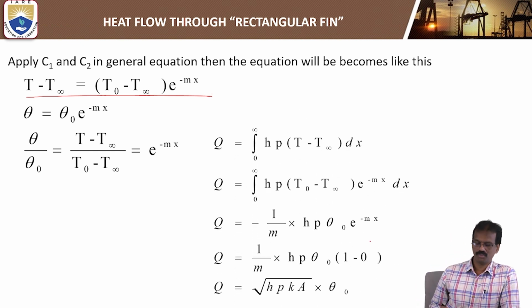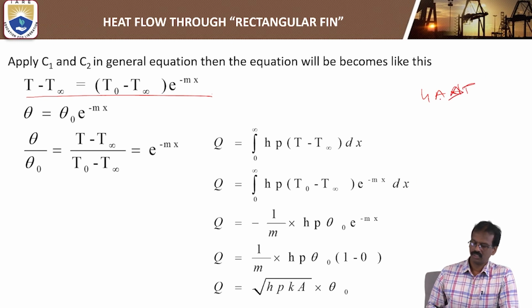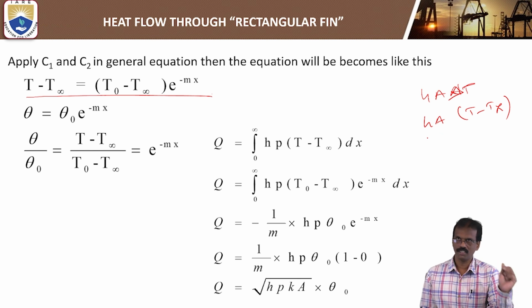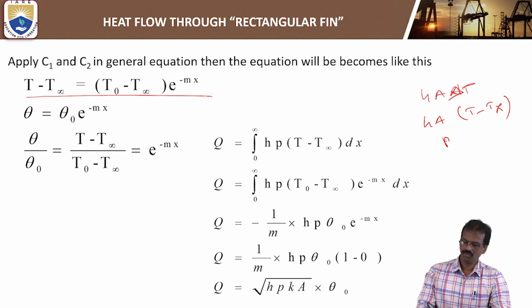You know the convection process: hA into delta T, where the temperature difference is T minus T infinity. The area is the area of the small elemental area, that is P into dx. So you know this one: hP dx into T minus T infinity.